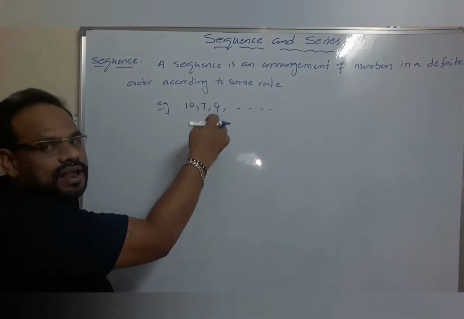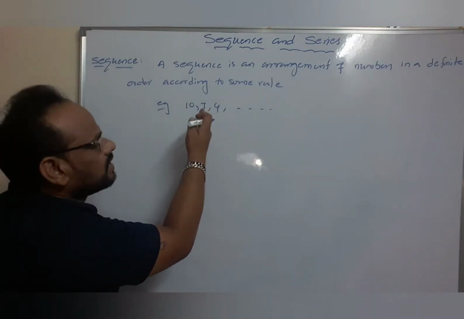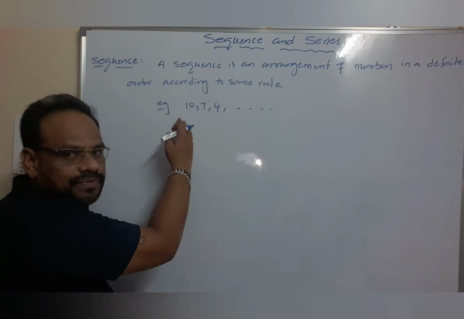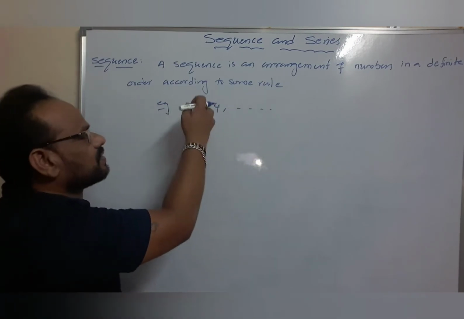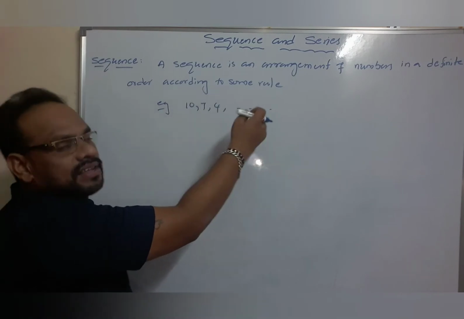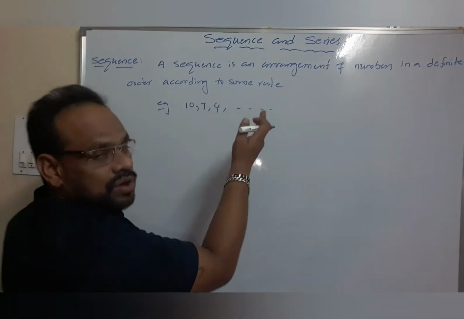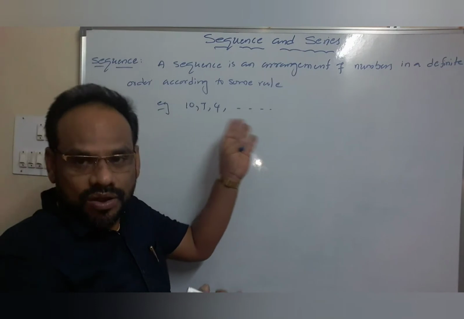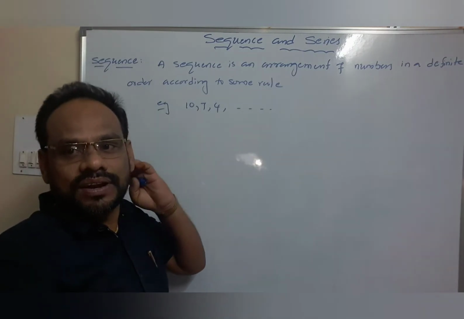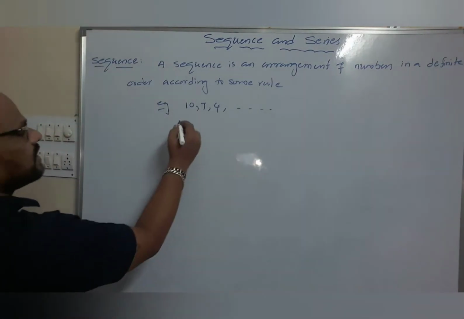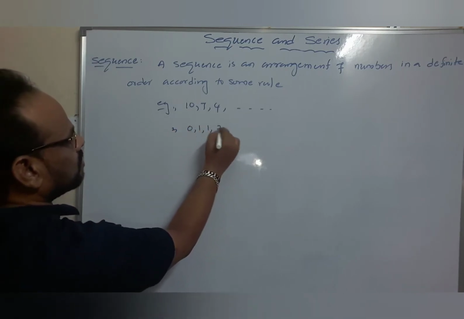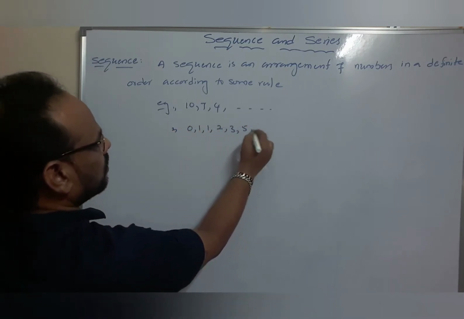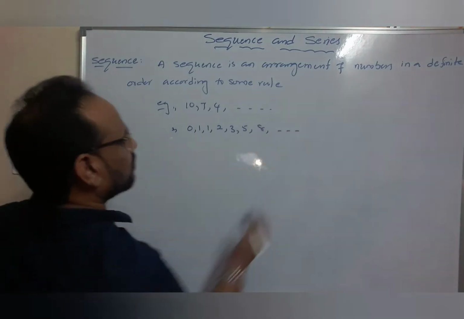It follows some logical rule, that means every term except the first term, if we subtract 3 from the preceding term we get the next term. That is some logical rule. It follows some logical rule, then this is called what? Sequence.